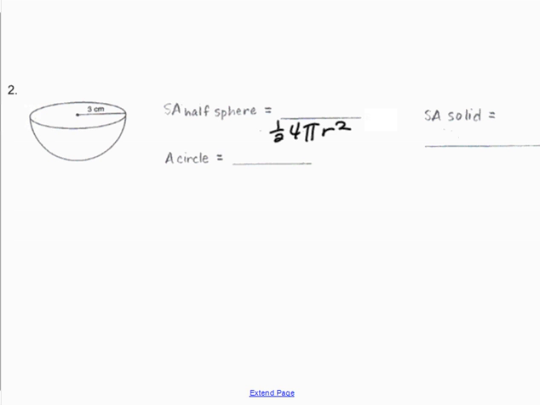Well, the radius is 3, so we can say half of 4 pi times 3 squared. And you calculate that all out, and you end up with 56.5 centimeters squared.